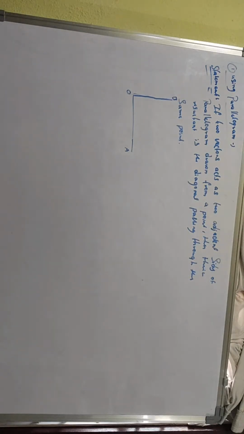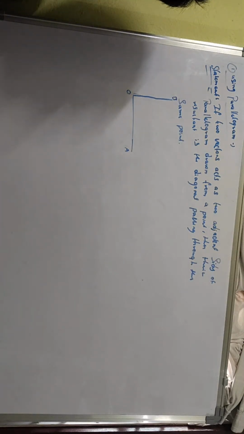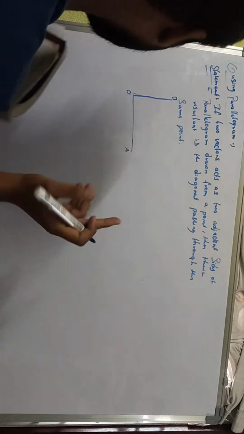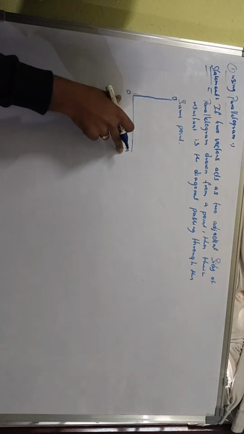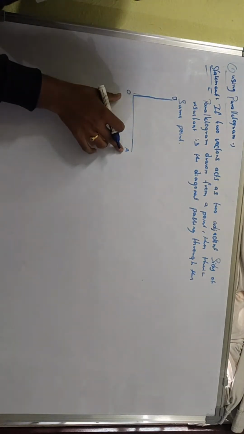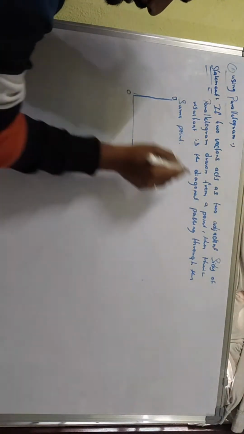So when we observe the diagram, OA is one side and OB is the other side.